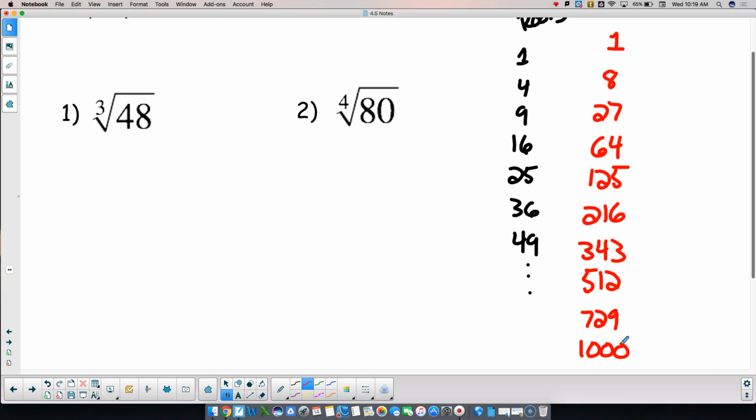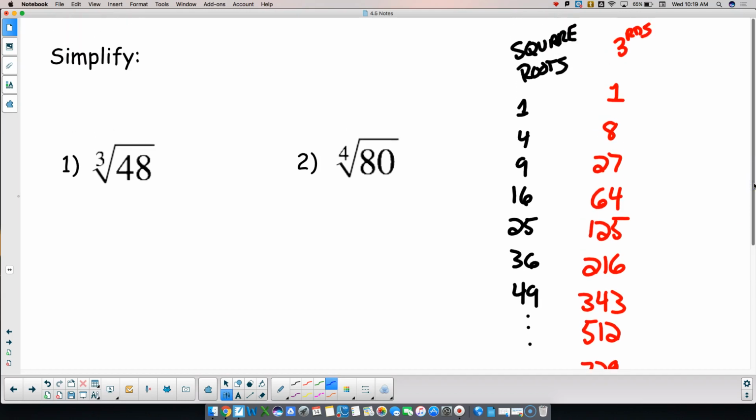Those are the perfect thirds. Fourths. I go with the one blue. 1, 16, 81, 256, 625.